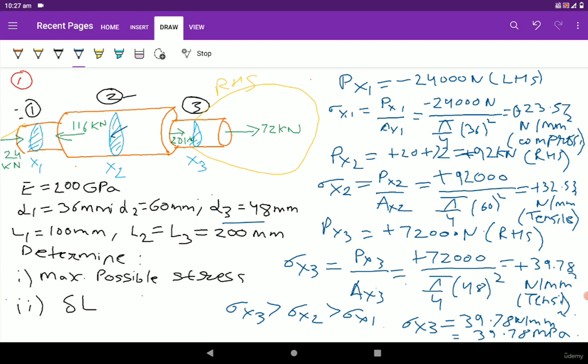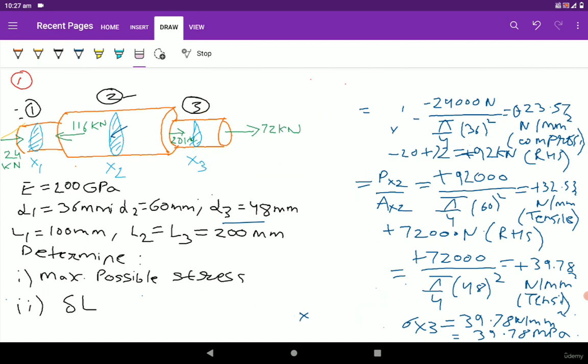Now let's focus on the calculation of the change in length. Let me clear up some parts. Now let's jump into the second question of this numerical problem, calculating the change in length of the given component.